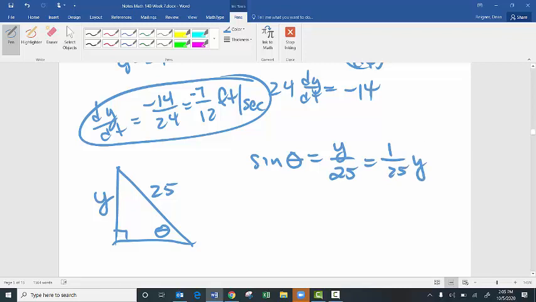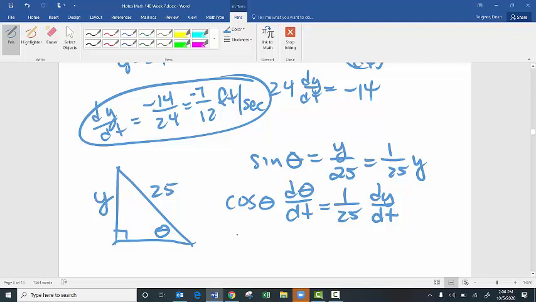So when you take the derivative, the derivative of sine is cosine. The angle stays the same. So here's something new. The derivative of theta is d theta dt. The derivative of 1/25th y is 1/25th dy dt. All right?